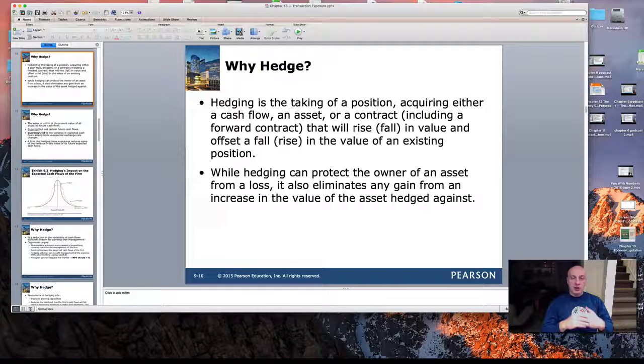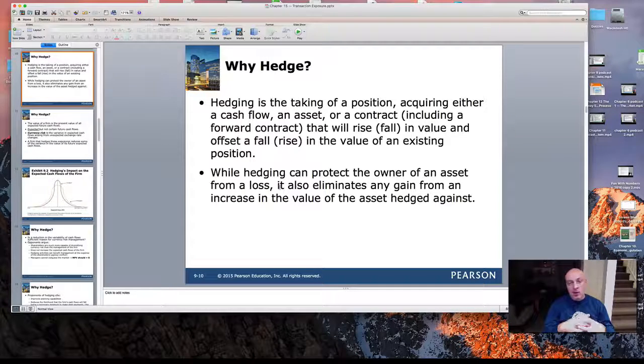So it's the offsetting of one transaction upon another transaction, so that we can eliminate, or minimize as much as possible, the potential foreign exchange loss that we can have. So hedging can protect the owner of an asset from a loss. That's really what the purpose of hedging is.